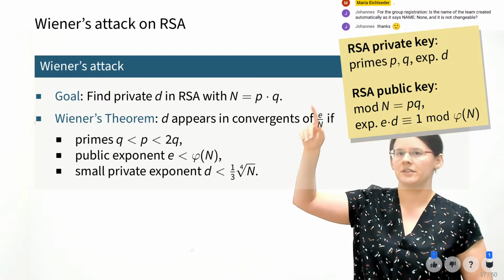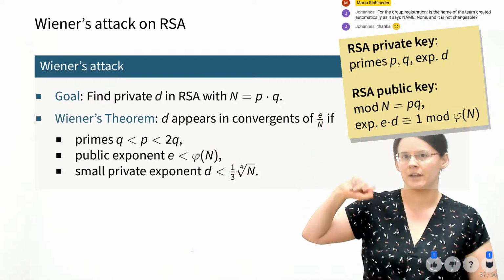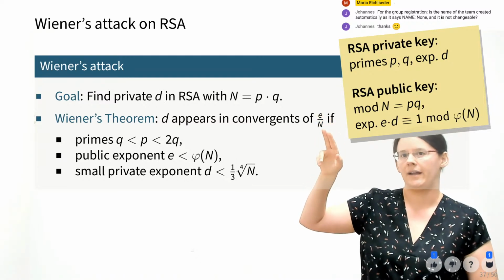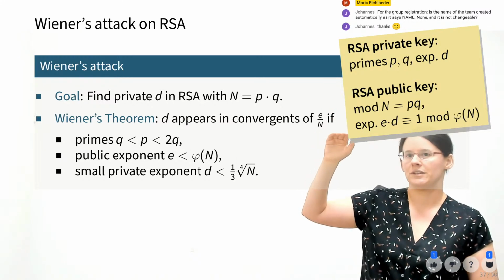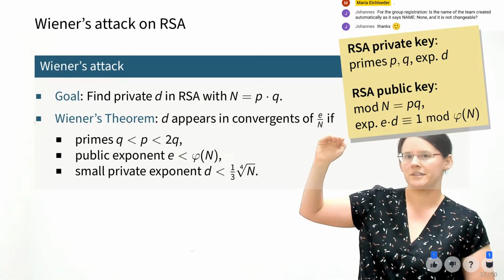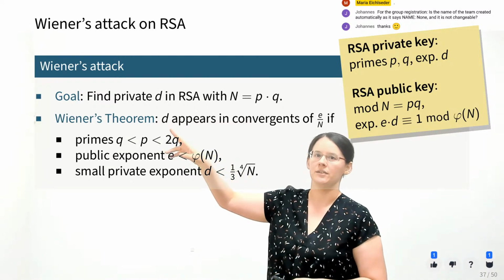in the convergents of the public value e divided by the public value n. So if I take the public exponent and the public modulus, take this fraction and compute its convergents, then in one step, the secret exponent will magically appear in those convergents.